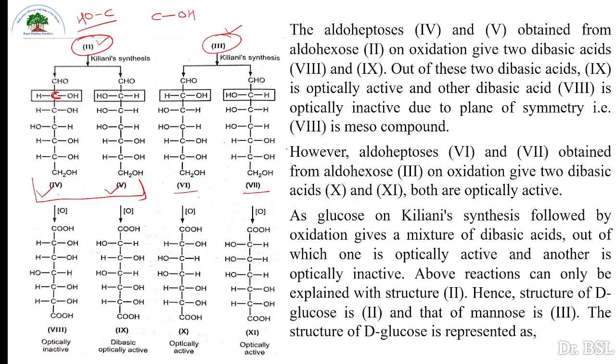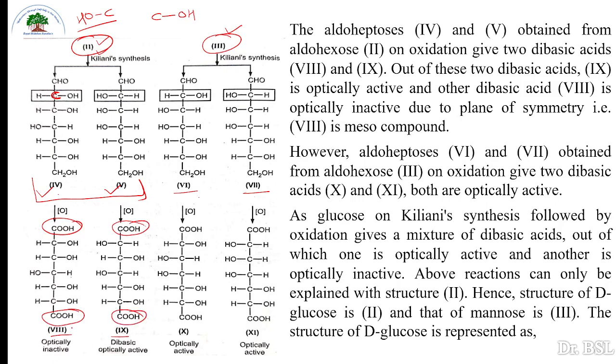However, the aldoheptoses, that is 4th and 5th, obtained from aldohexose second, on oxidation give two dibasic acids, 8th and 9th. Why is it dibasic? One and two acid functionalities, carboxylic acid functionalities, are there in both the structures. So these are dibasic acids.